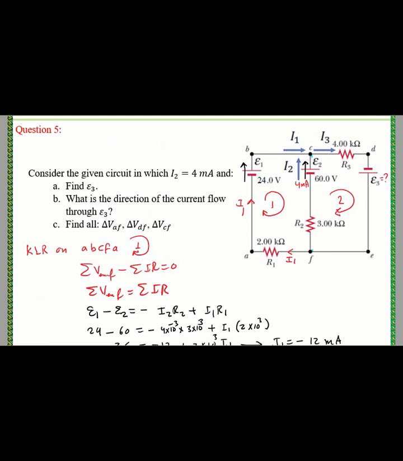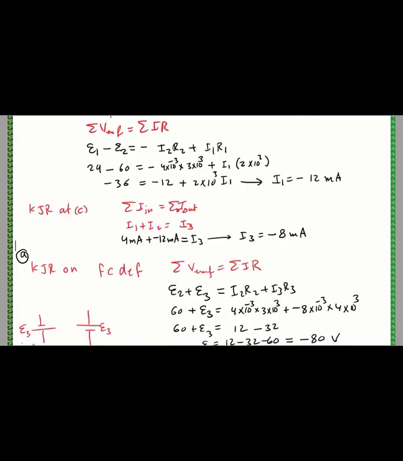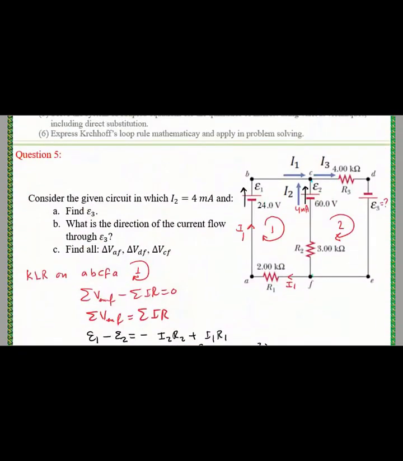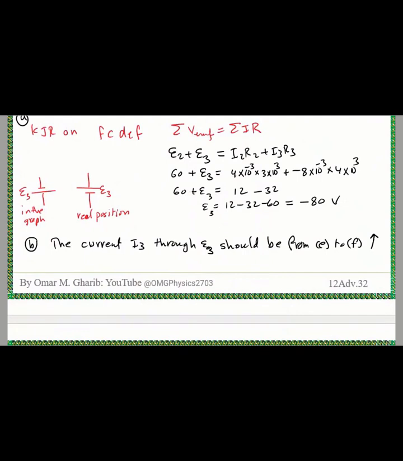It should be inverted. So it is from E to D. So the current I3 through epsilon 3 should be from E to D.